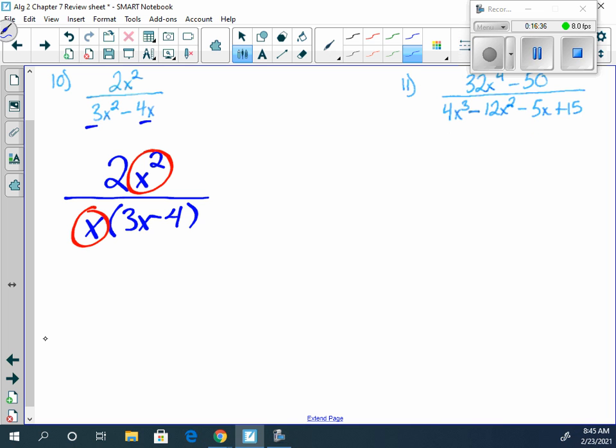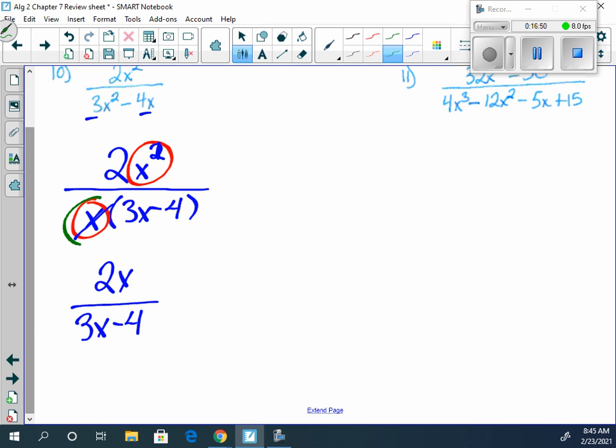One of these will simplify out with one of these, leaving us with 2x over 3x minus 4. And in the denominator, the only thing that simplified out was x. So if we're talking about our restrictions, x cannot be 0. That's really going to be the only restriction that we have, because that's the only thing that's simplified out completely.